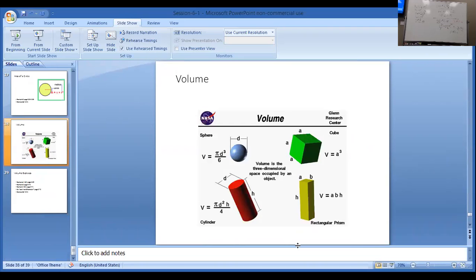What is the area of a circle? Okay, this is a little bit tricky.